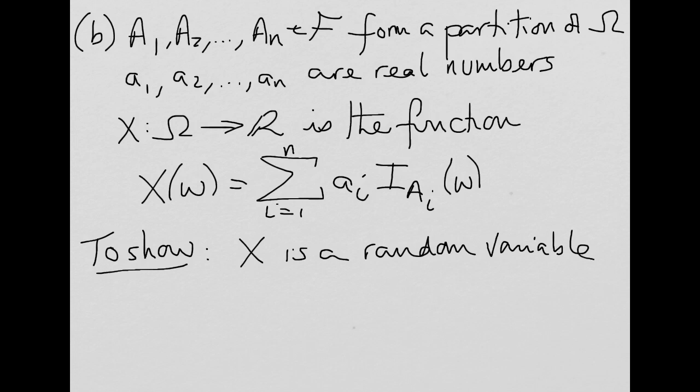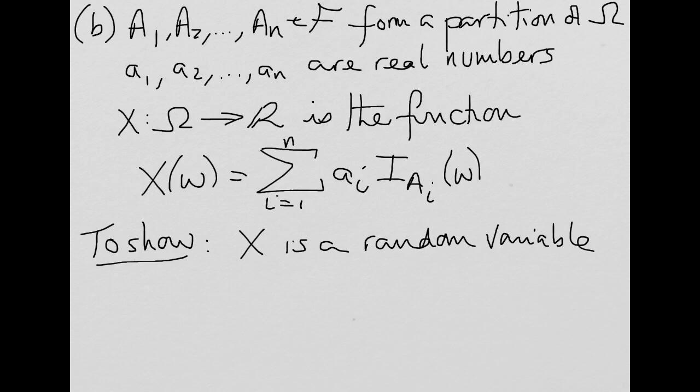So part A established that the indicator function of an event is a random variable. And now we're going to try and show that a simple function, these are called in general simple functions, that these are also random variables according to the definition given.